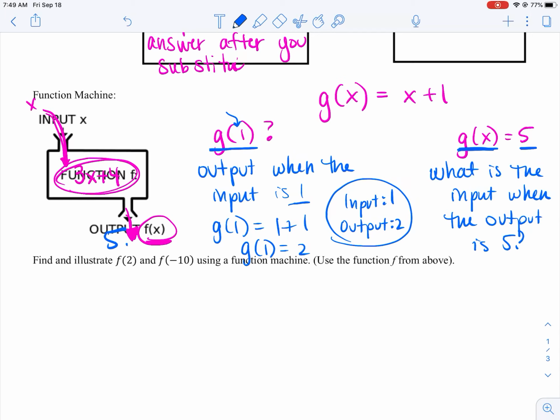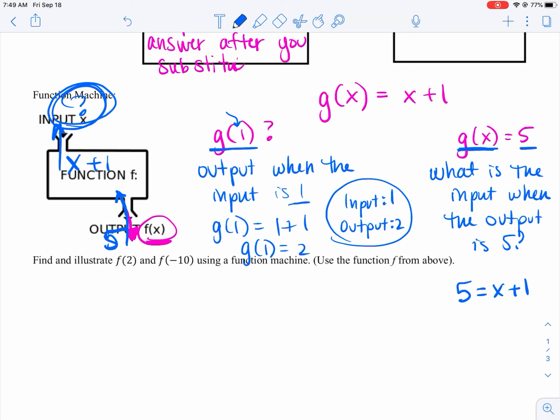If this is 5, and I know the equation that happened right here is x plus 1, so if my output was 5, what was put into the machine? Essentially, 5 is the output, and I don't know what the input is. I could just solve the equation. So I could subtract 1 and get 4 equals x. So my input is 4 in this case, and my output is 5.